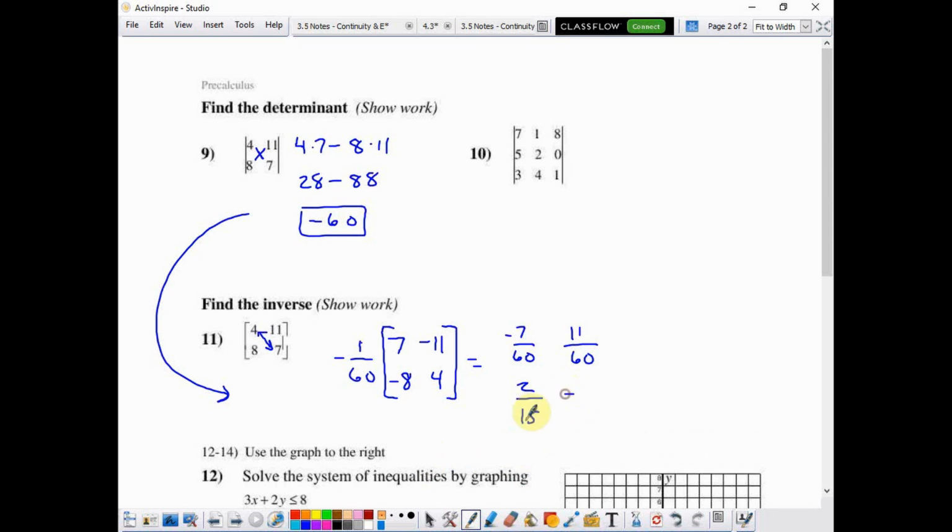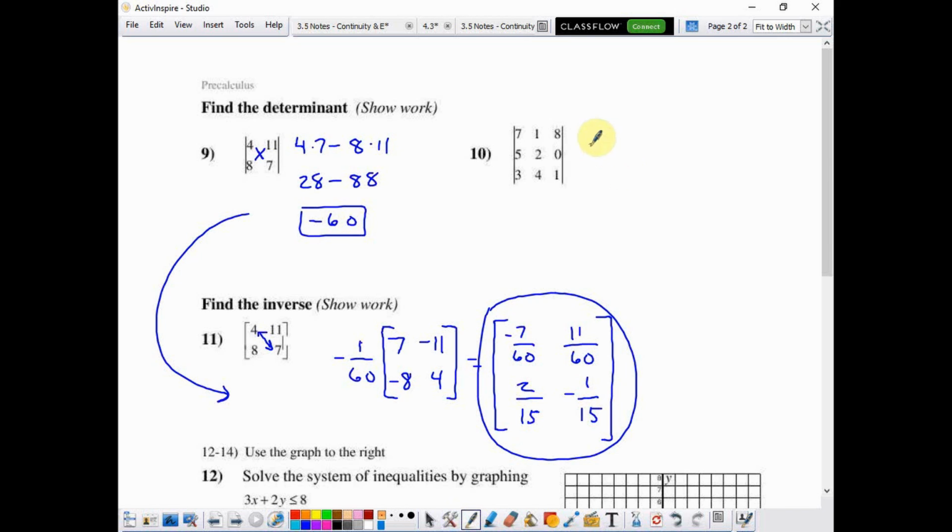And then negative 4 over 60, which simplifies to 1/15. And then we need to put that into matrix notation. So that is the inverse of our matrix.